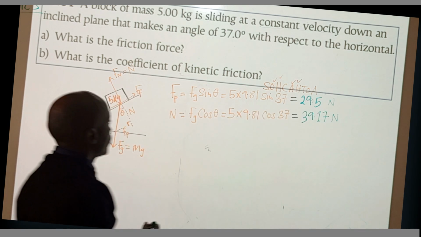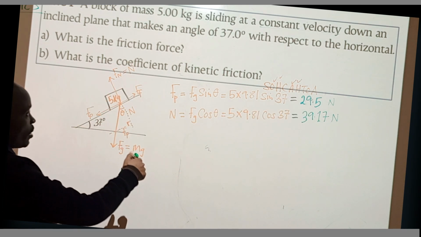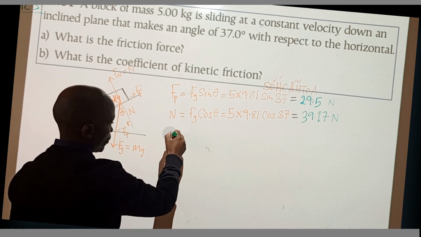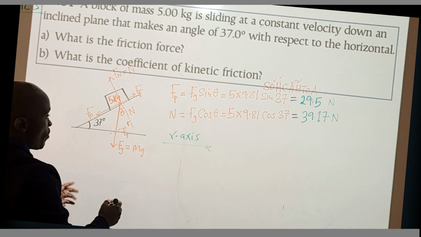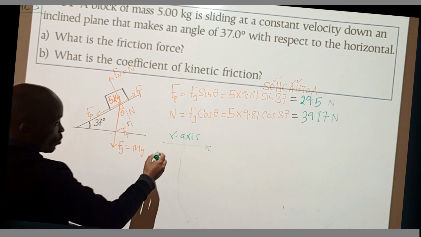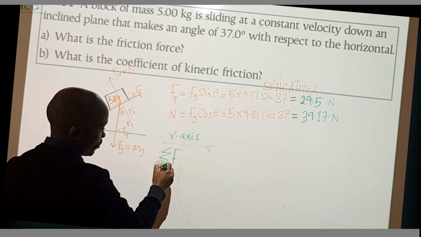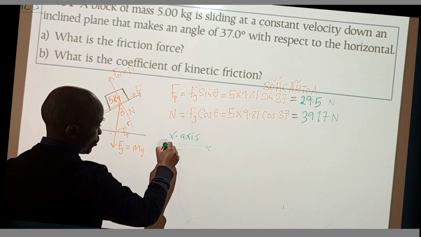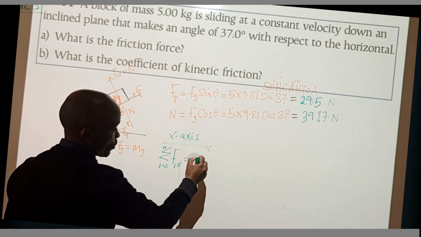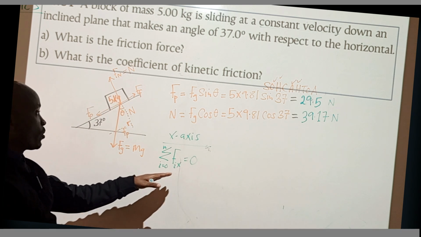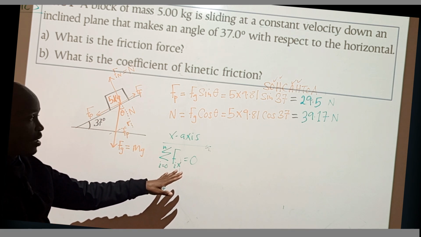So with that, we are told that it moves with a constant velocity, sliding down. First of all, along the x-axis, applying Newton's laws of motion, the sum of the forces Fi along x is equal to 0, simply because this block is moving at a constant velocity.